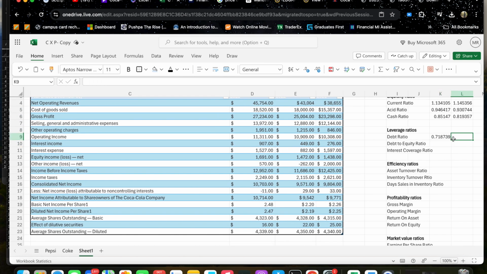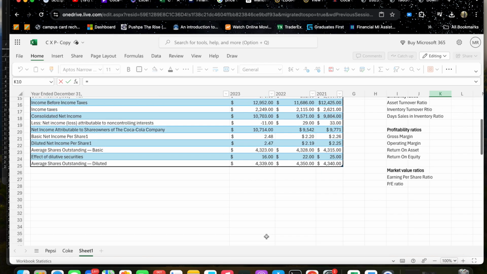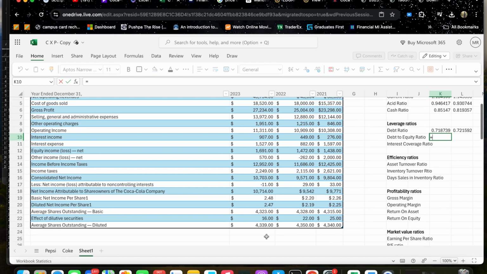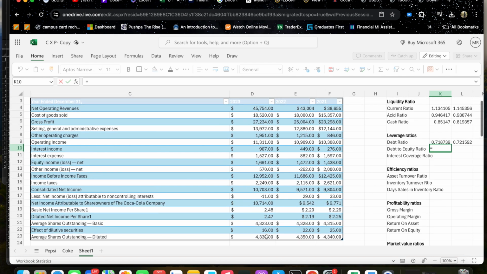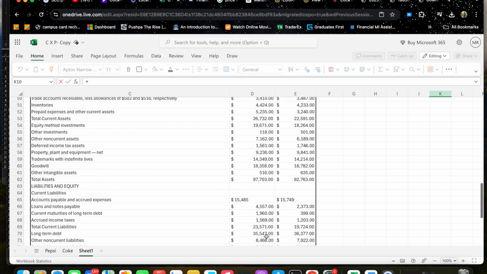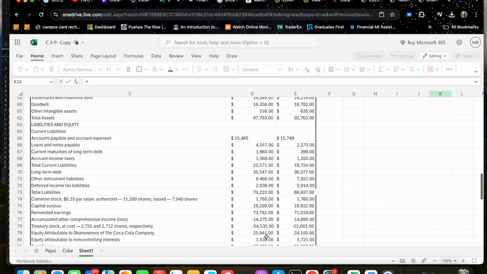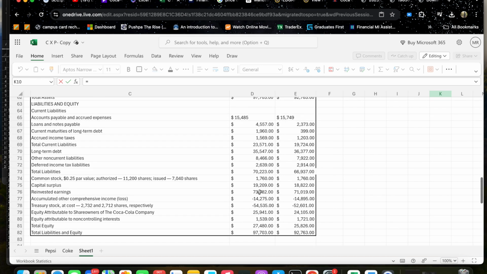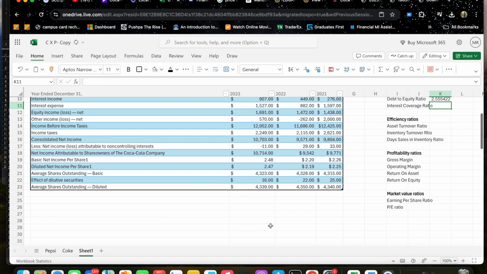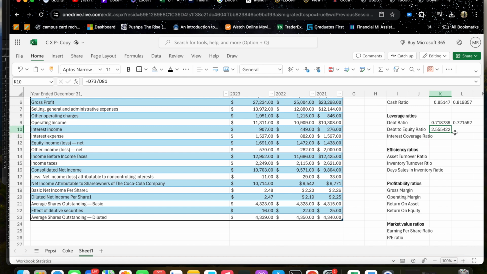So here we found our leverage, the debt ratio, and we simply dragged it, and debt to equity ratio should be simply total liabilities divided by the shareholder equity.